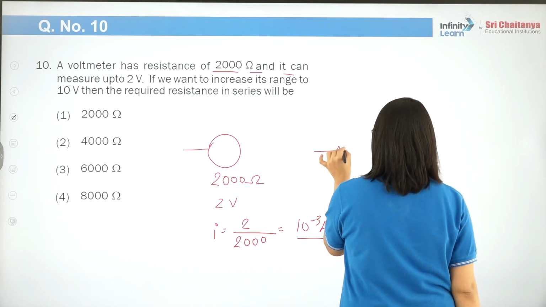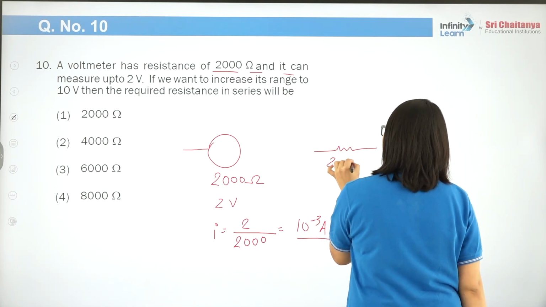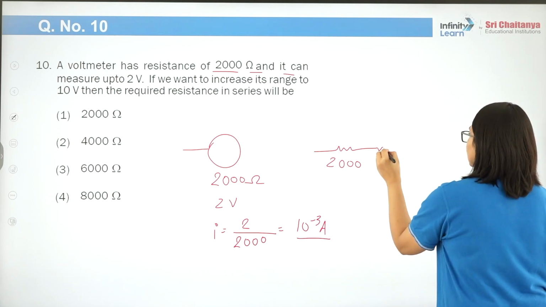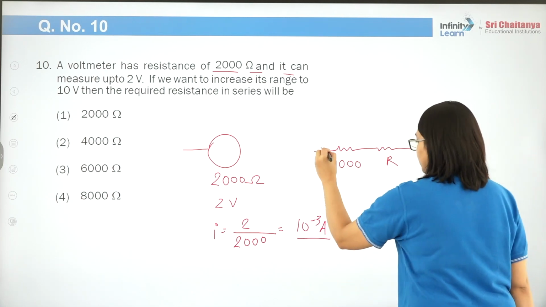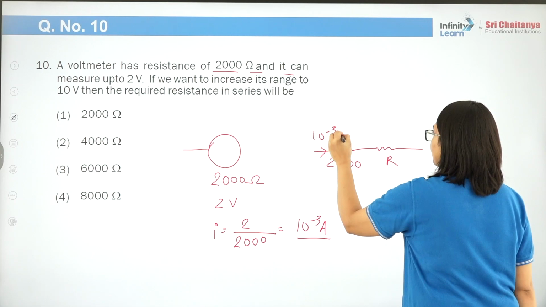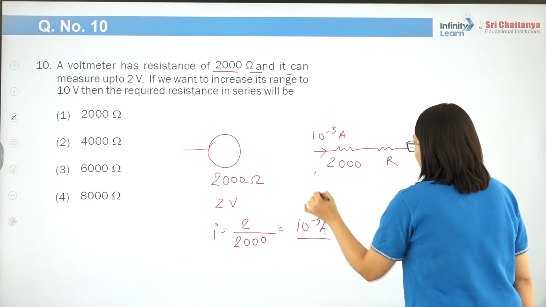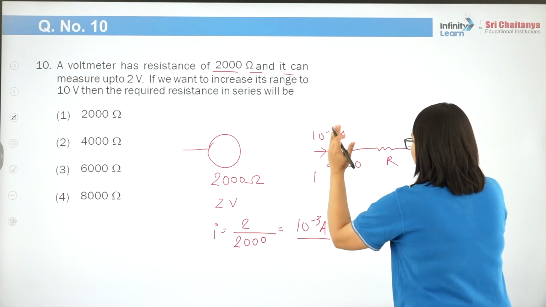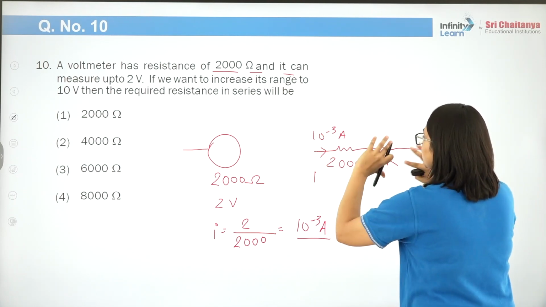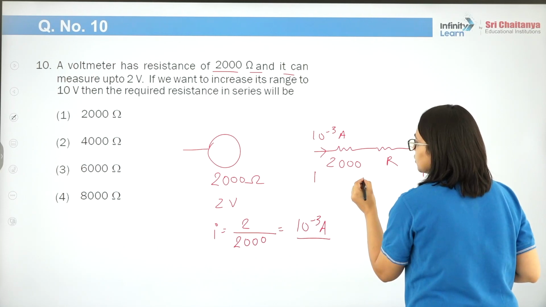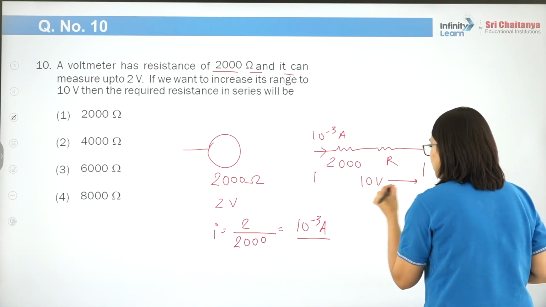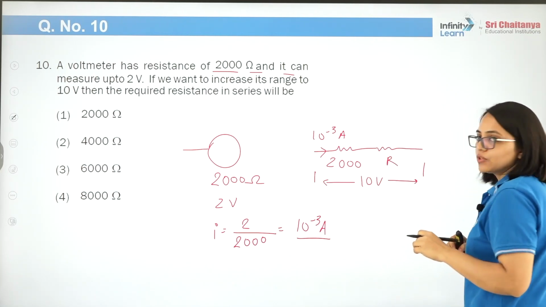So this is 2000, and this is, let's say, R, and current of 10 power minus 3 ampere will flow through this series branch, and the total potential difference across these two combined resistors should be 10 volt. So V is equal to IR.